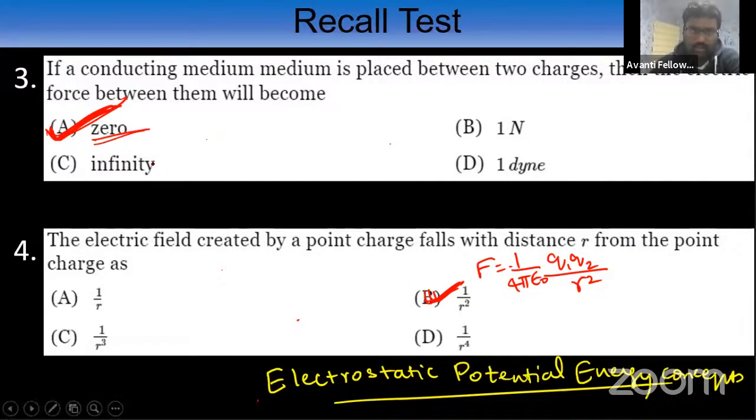If a conducting medium is placed between two charged bodies, then what will the electric force between them become?